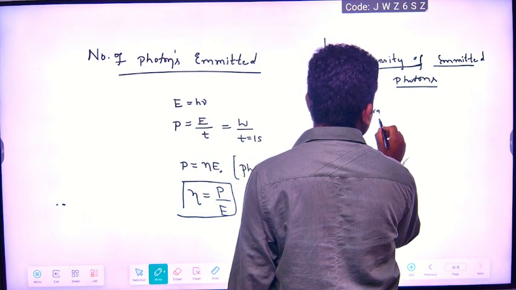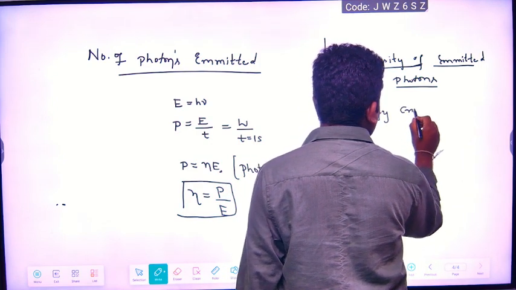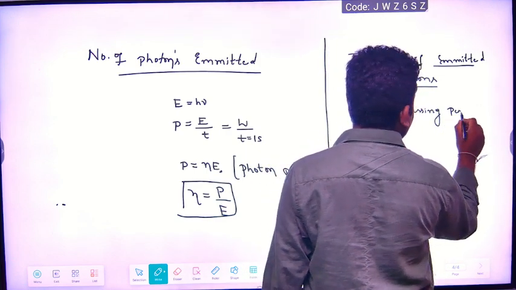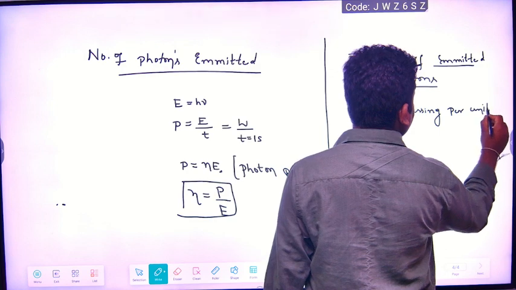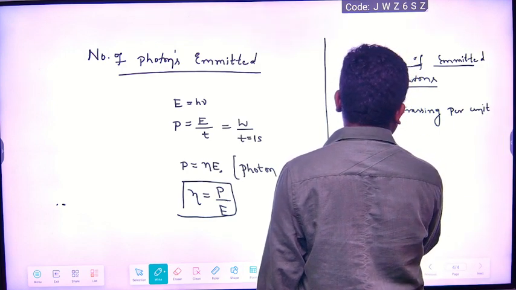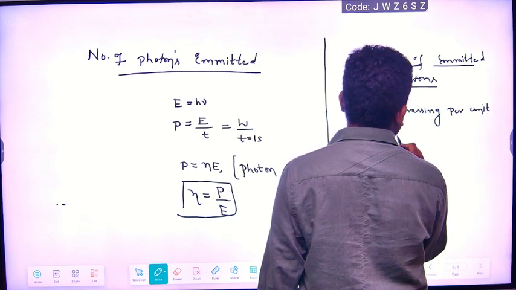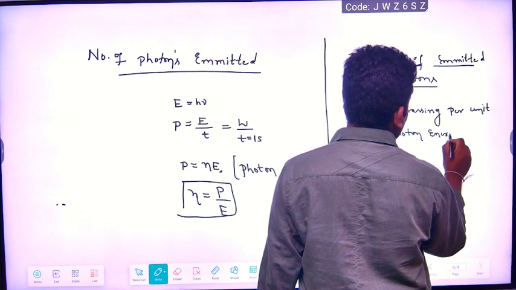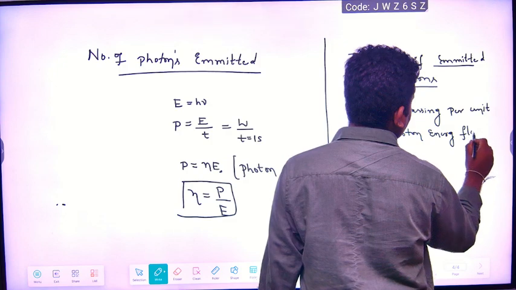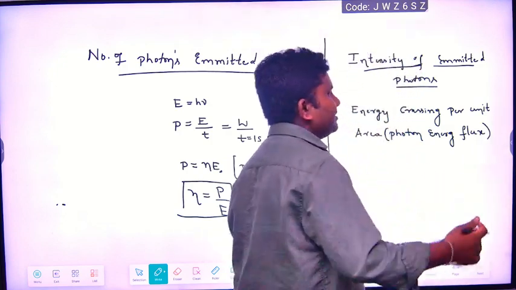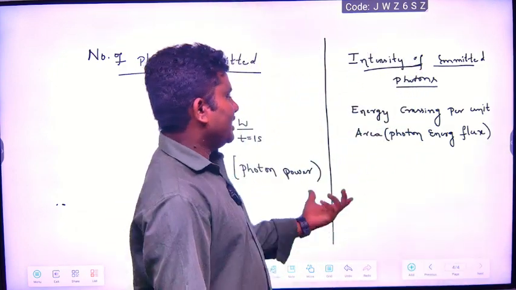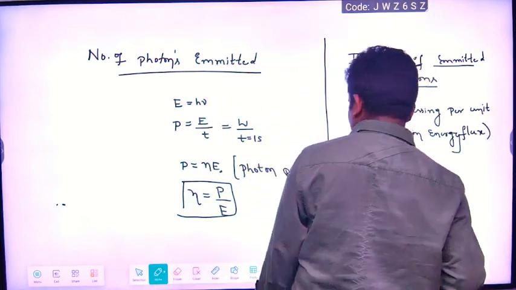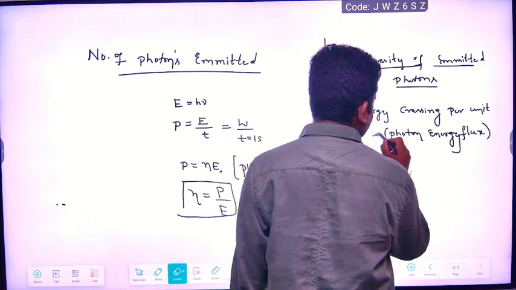Light and photon energy, energy crossing per unit area. This is called photon energy flux. Energy flux, or intensity of photons. Energy flux also we will call. Understood? Understood or not? Shall I write it properly on the board?